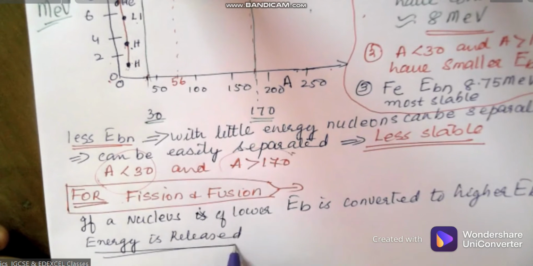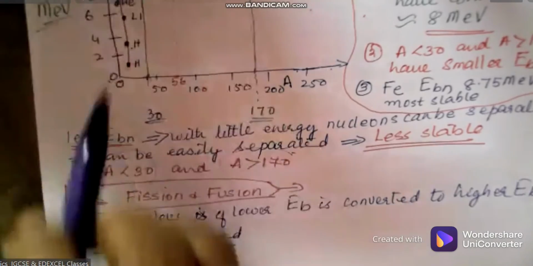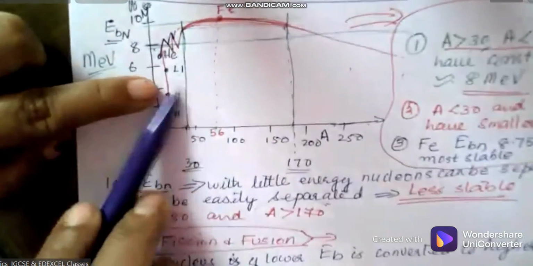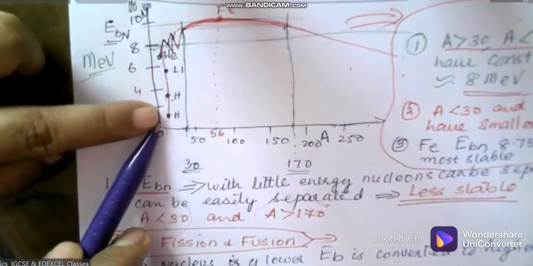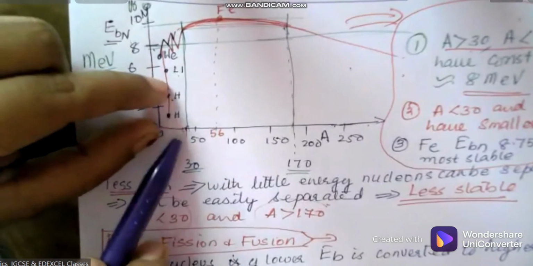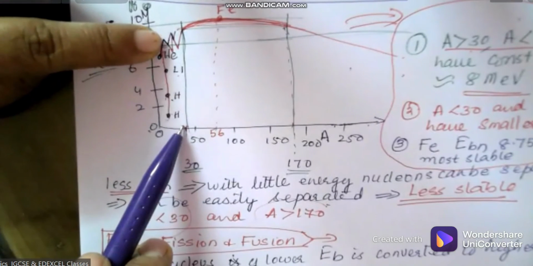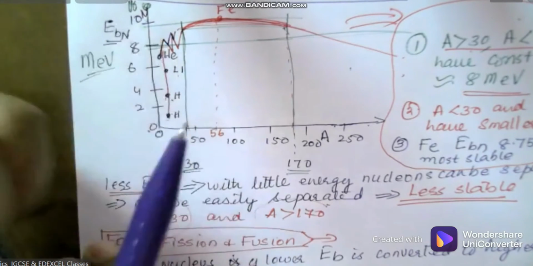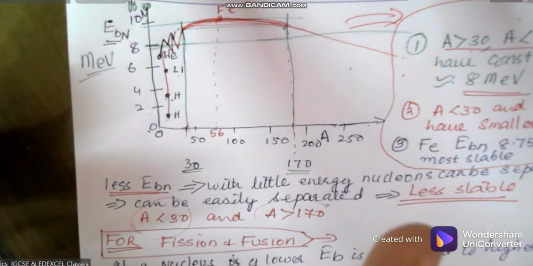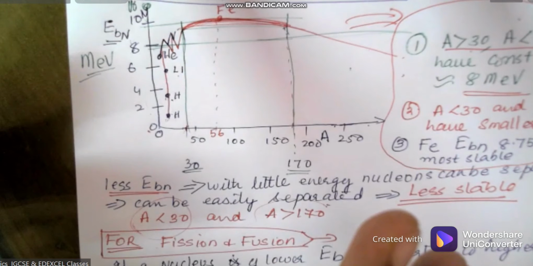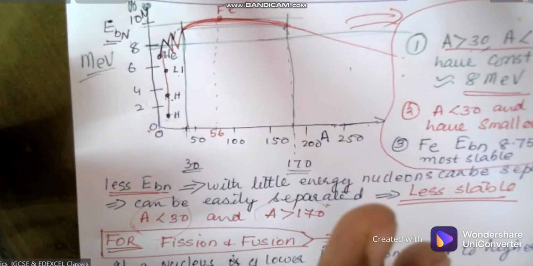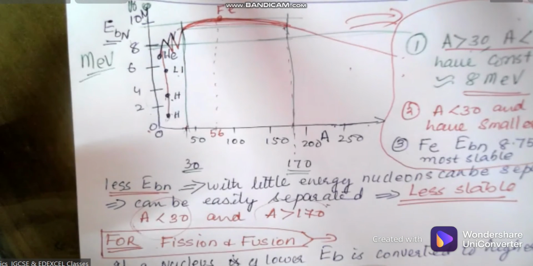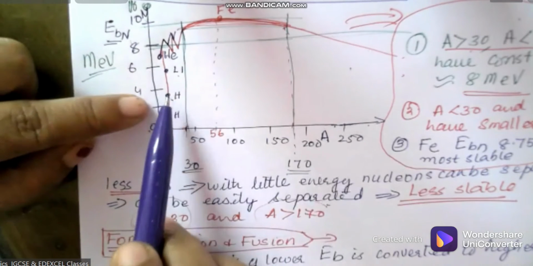This is the golden rule for this one. Okay, what is the rule? If you are able to convert these lower binding energy elements to a higher binding energy, then this will release a lot of energy that you can use to create electricity, like in the reactor or bomb, right? So this is the golden rule.